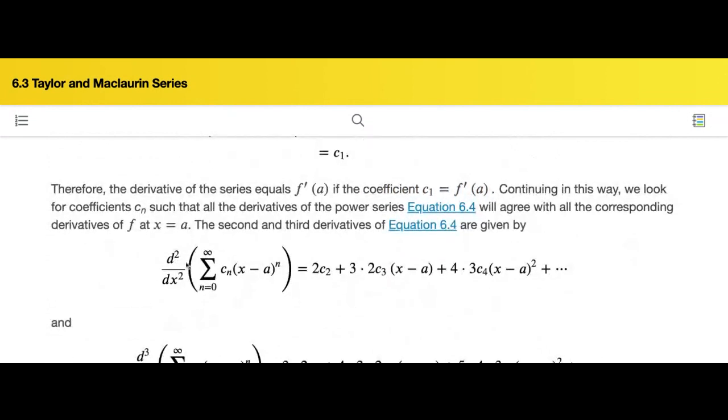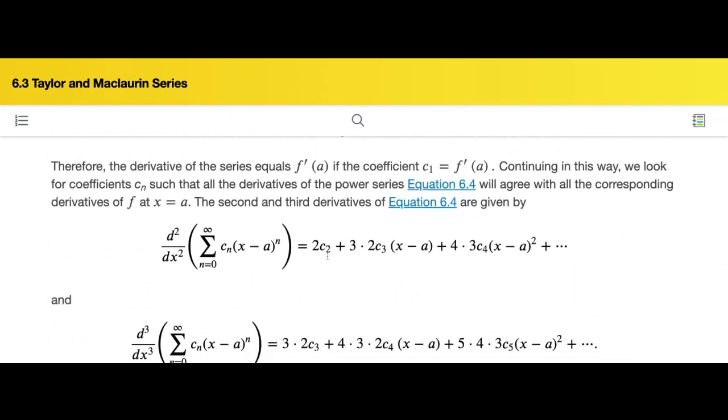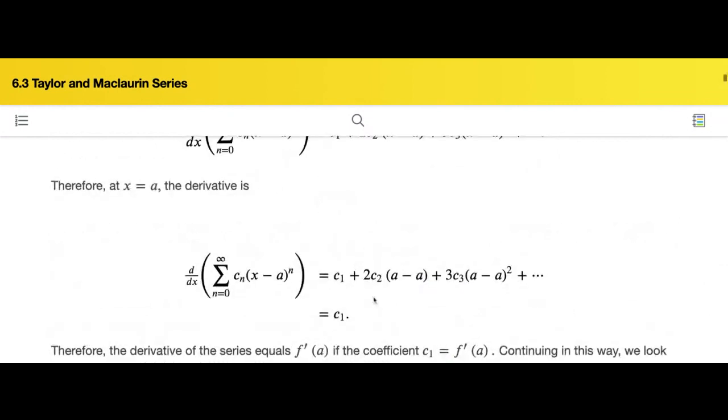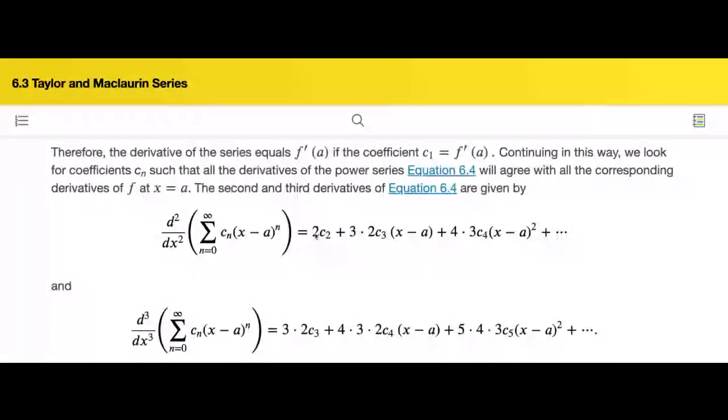So on and so forth. If we take the second derivative, we get 2C2. When we do double differentiation, we get 2C2, and we know that's f double prime of a.